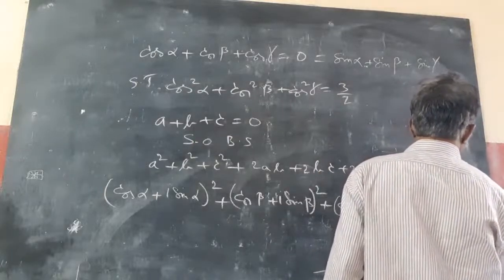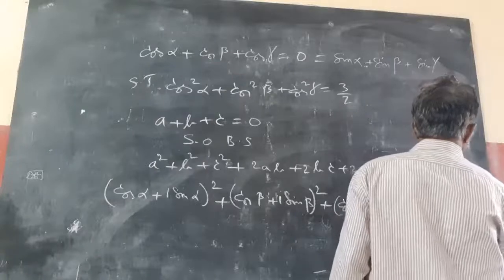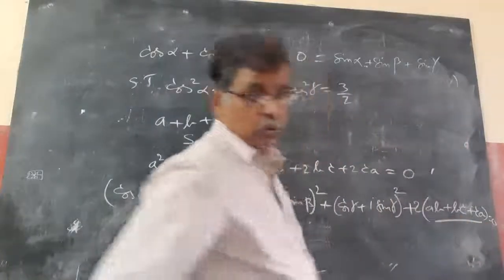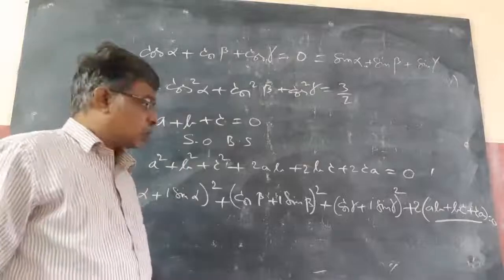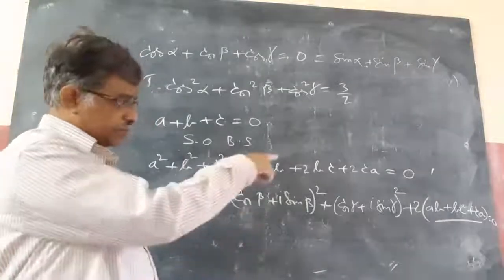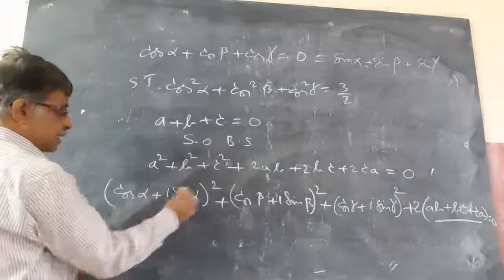I don't want to substitute. I am keeping it like this because I know from equation 2 that AB plus BC plus CA is 0. That part is 0, so I can substitute 0 there, and this is applying De Moivre's theorem.